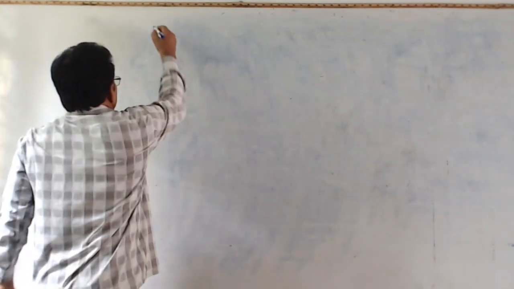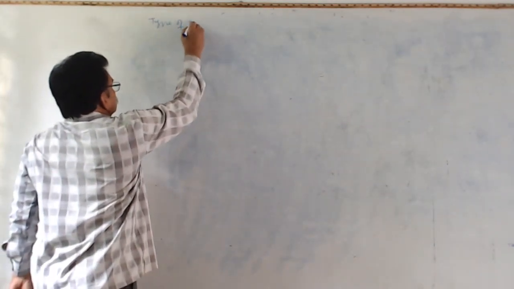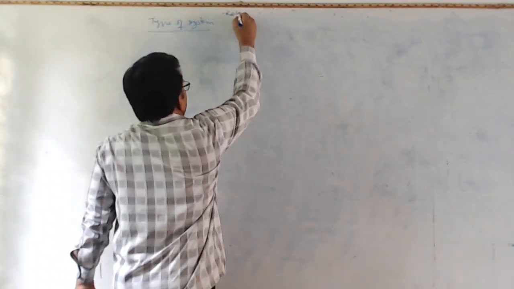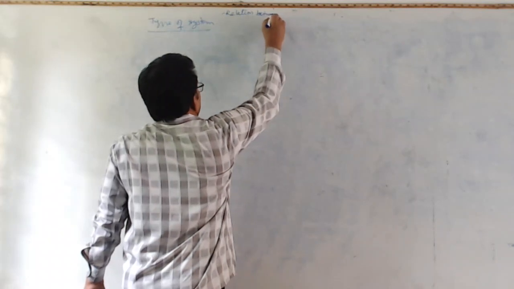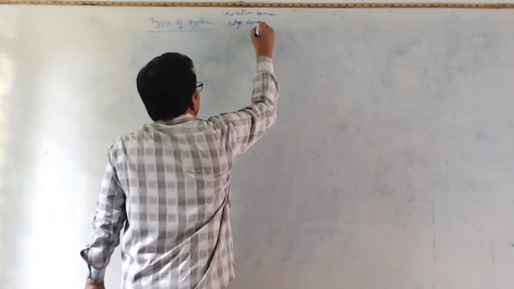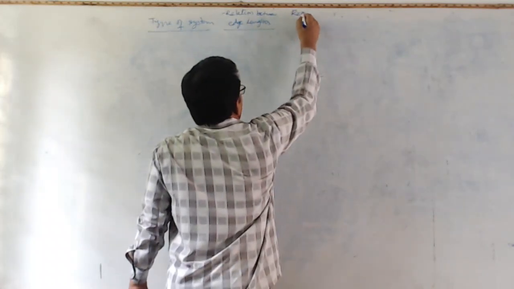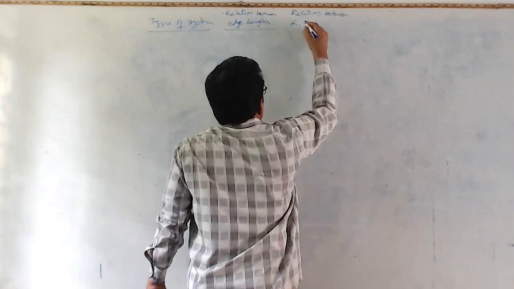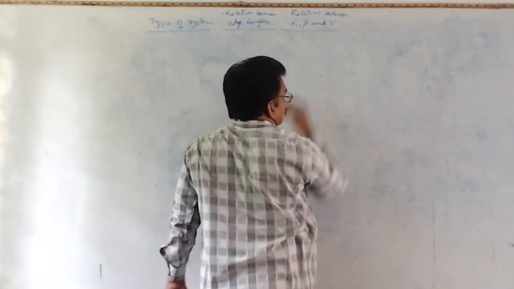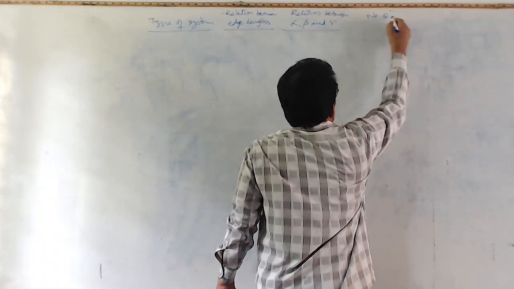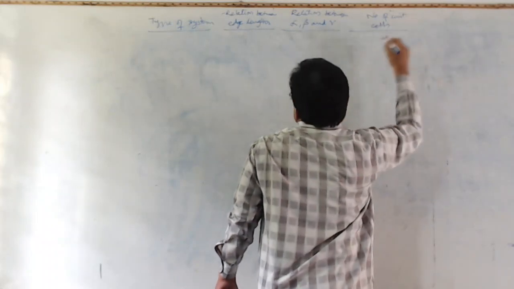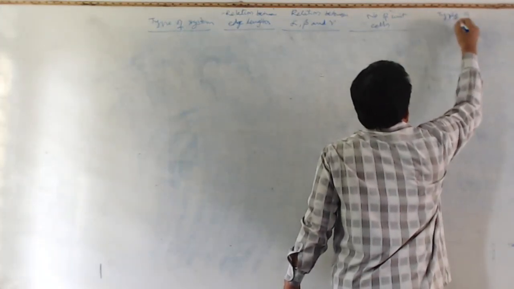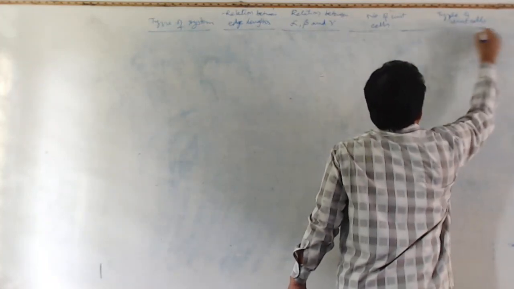The columns are: type of system; next, the relation between edge lengths A, B, C; next, the relation between interfacial angles alpha, beta, and gamma; next, the number of unit cells that belong to each system, and the type of those unit cells that belong to that particular system.